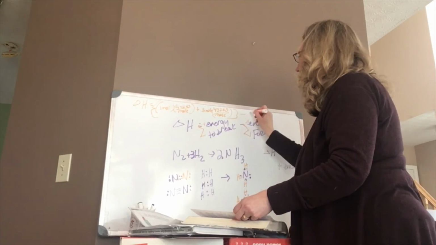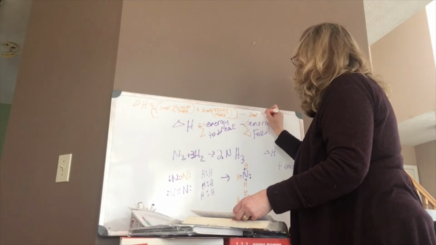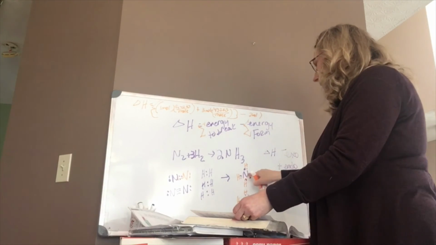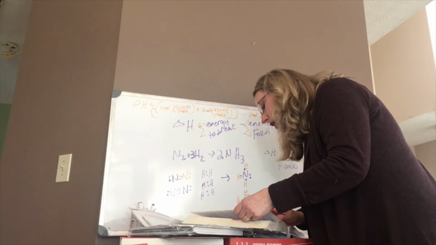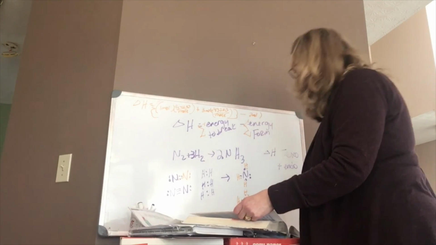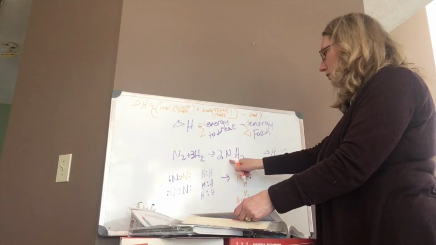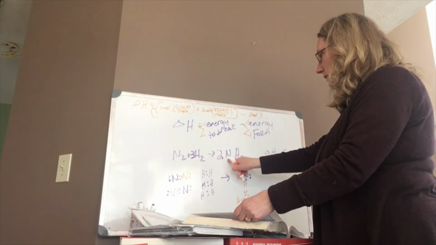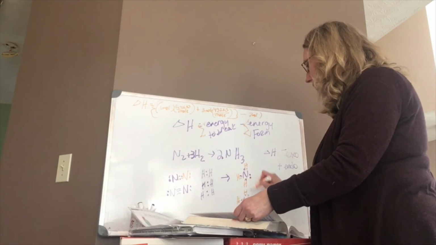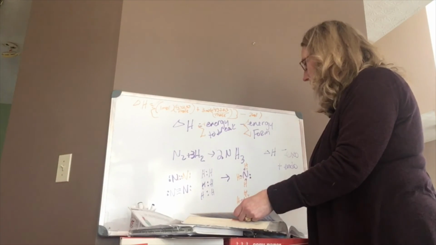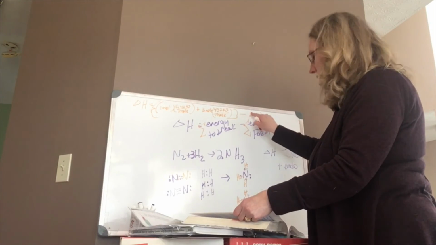I have 2 moles of an NH bond. So it's one N. No, I don't. I have 2 moles of this, but for every mole, I have 1, 2, 3, 4, 5, 6 of that. So I have 6 of those.